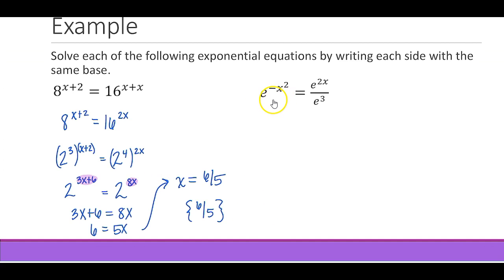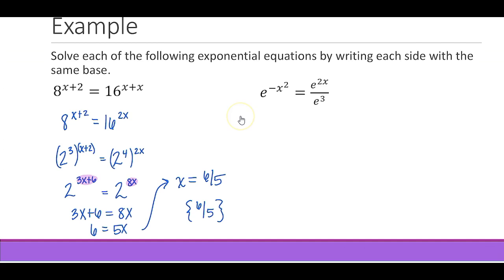And now in this example, I have e to the negative x squared equals e to the 2x over e cubed. Now clearly we can see that we want to rewrite each side with a base of e. The right side is the part that's presenting me with an issue, so I have e to the 2x over e cubed.